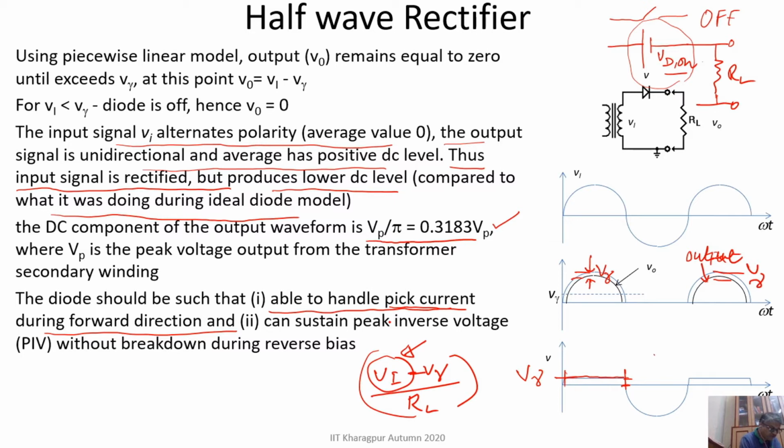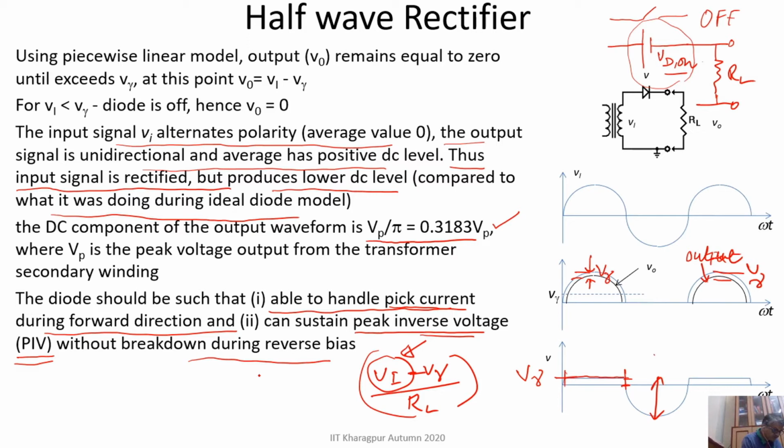And also, when the diode is off, the entire reverse bias voltage will be across the diode, because the diode is off and there is no current flowing through the circuit. This is known as peak inverse voltage, abbreviated as PIV. The diode should be able to sustain that reverse bias voltage.